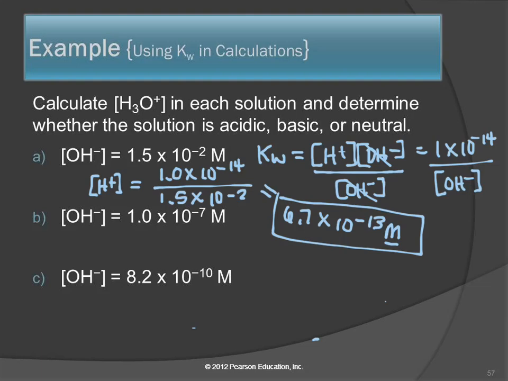So 1 EE, then the change sign button and 14. Now I've entered 1 times 10 to the minus 14. Then I press divide, and 1.5 EE minus 2 equals. My calculator shows me 6.66, a whole bunch of sixes, times 10 to the minus 13.